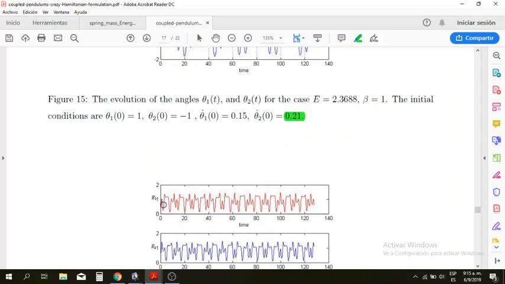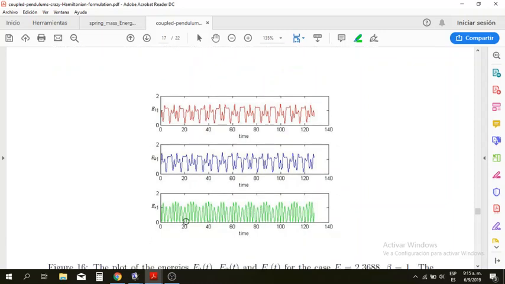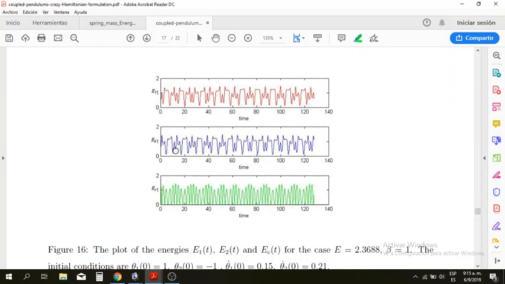And the energy of the coupling is very large. The maximum amplitude of the energy of coupling is, in any case, increasing. Look, the energy of the first and the second pendulum is increasing.